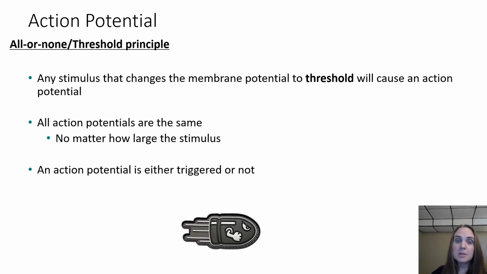If we have a graded potential and the depolarization from that graded potential is not large enough to reach that threshold, so say we had a ligand bind a chemically gated channel on a dendrite, and it caused a graded potential, a localized depolarization, but it only depolarized, say, 5 millivolts, and we only got to -65, we would not be able to generate an action potential and nothing would happen.